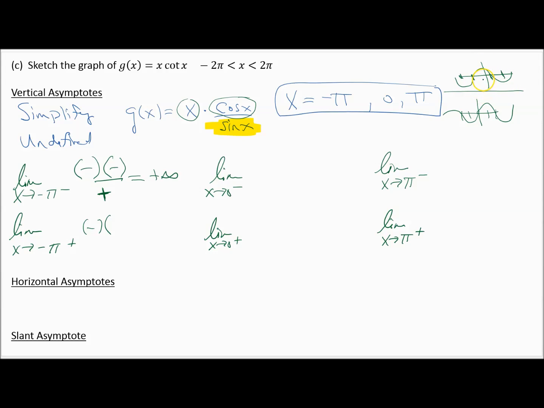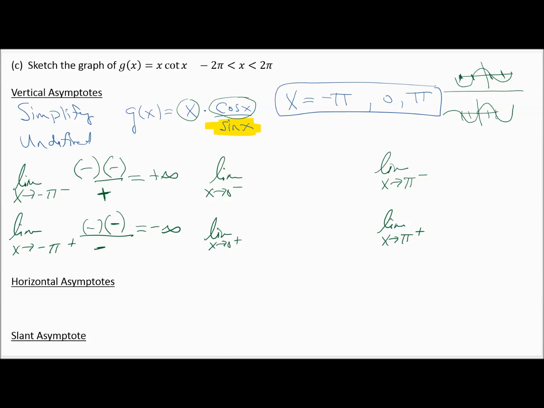If I'm going to negative pi, which remember is right here, then I'm talking about a negative value. Or plug in negative 3, that's to the right of negative pi, and then I plug that into sine, that's going to give me a negative value. And all these negatives overall give you a negative infinity.